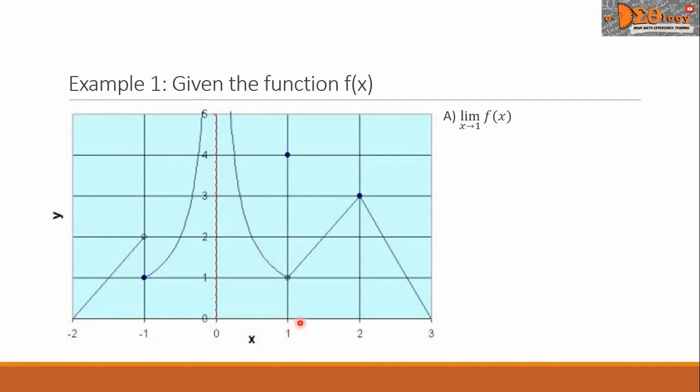We can see that the graph is coming to a point to that y value when x value is coming to 1. And when we consider the left side and the right side of 1, the graph is also coming to a single value, which is 1. So the answer here is 1.